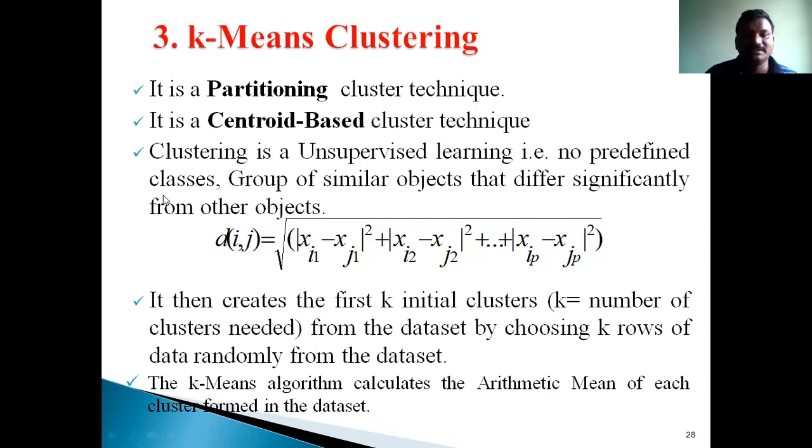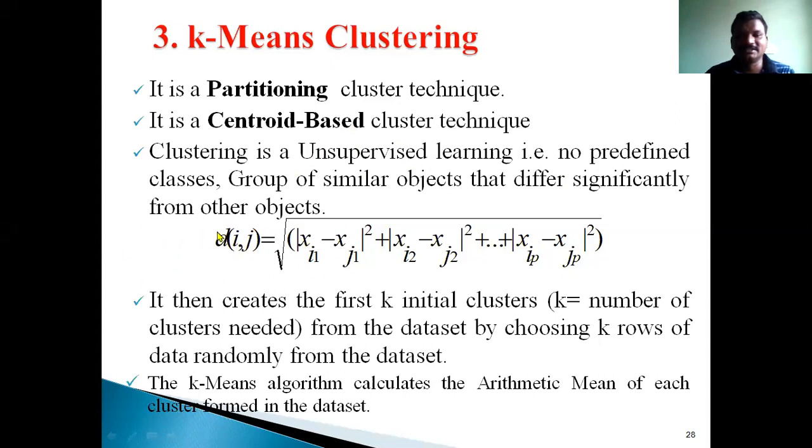The k-means algorithm is a partitioning clustering technique. It is a centroid based clustering technique. Clustering is unsupervised learning, meaning there are no predefined classes. It groups similar objects that differ significantly from other groups based on some distance.